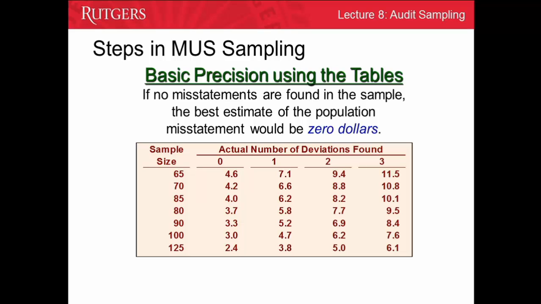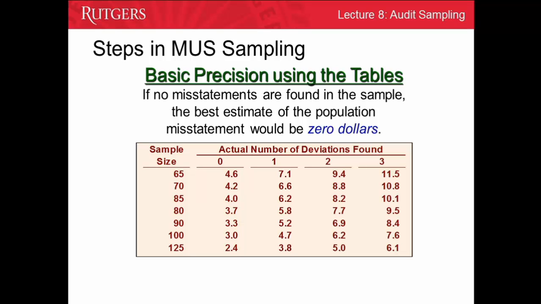This allowance for sampling risk, when no misstatements are observed, is referred to as the basic precision. If the appropriate sample size was taken and no misstatements were found, then the auditor would be guaranteed that the upper misstatement limit would be less than or equal to the tolerable misstatement used to design the sample.